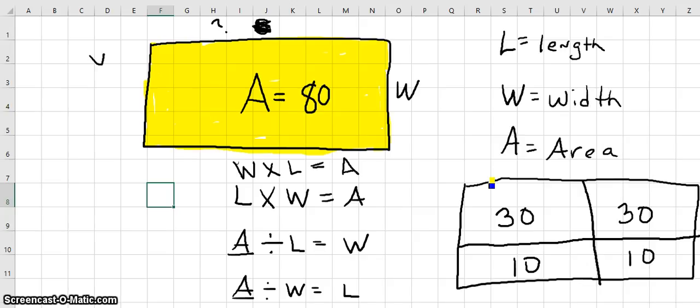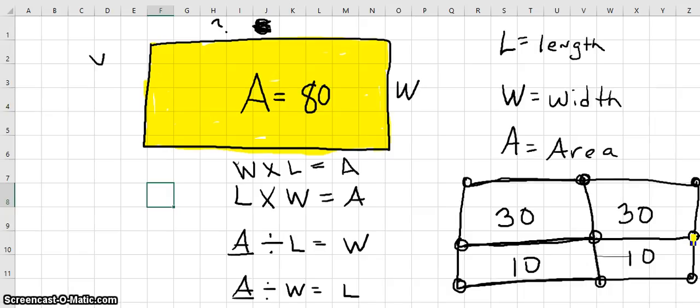So from here to here and here to here and here to here would all be the same length. And so that would mean from here to here and here to here would be the same lengths.